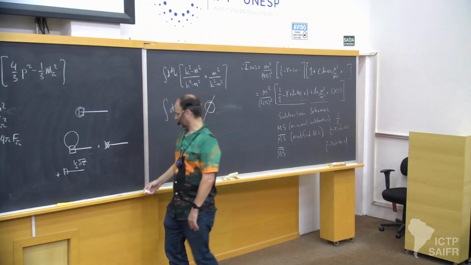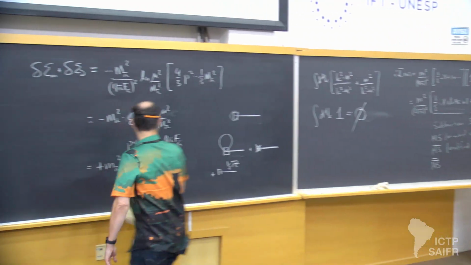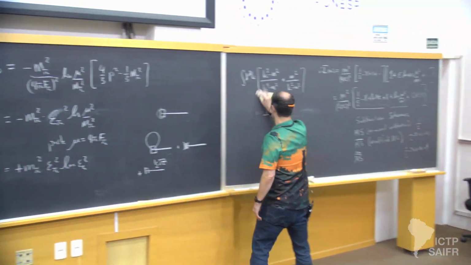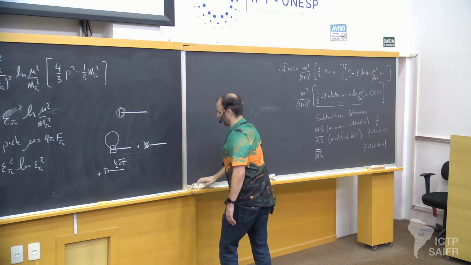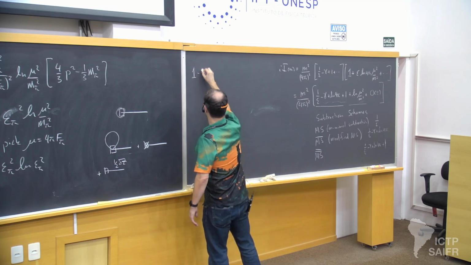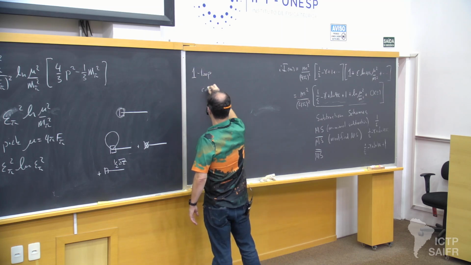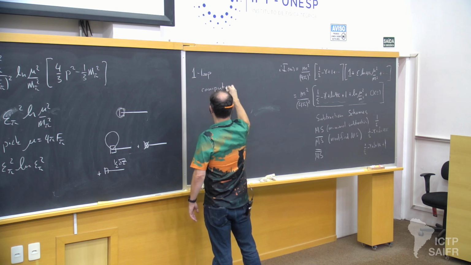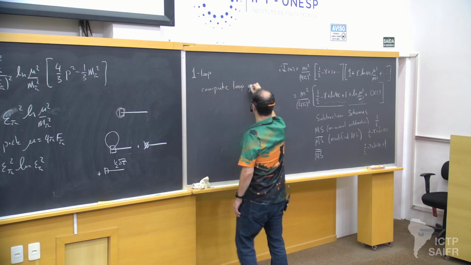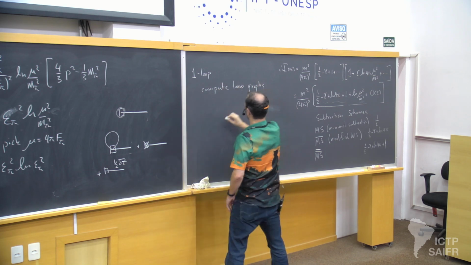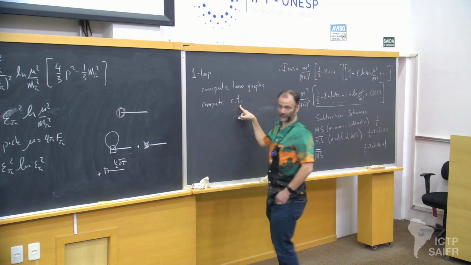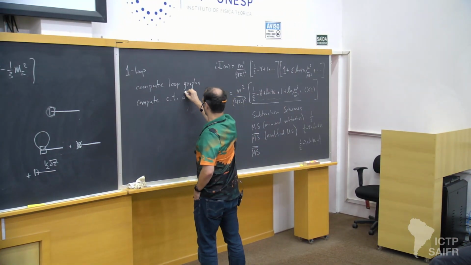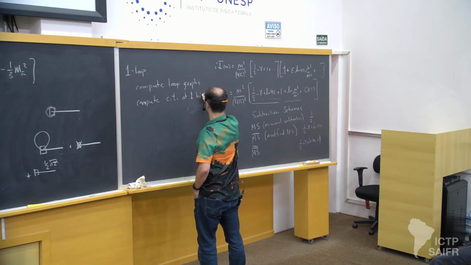So the algorithm is, just talking about one loop order. To go beyond one loop, you have to be a little more careful. But at one loop, you compute loop graphs. You compute the CT, for counter term, at one higher order.